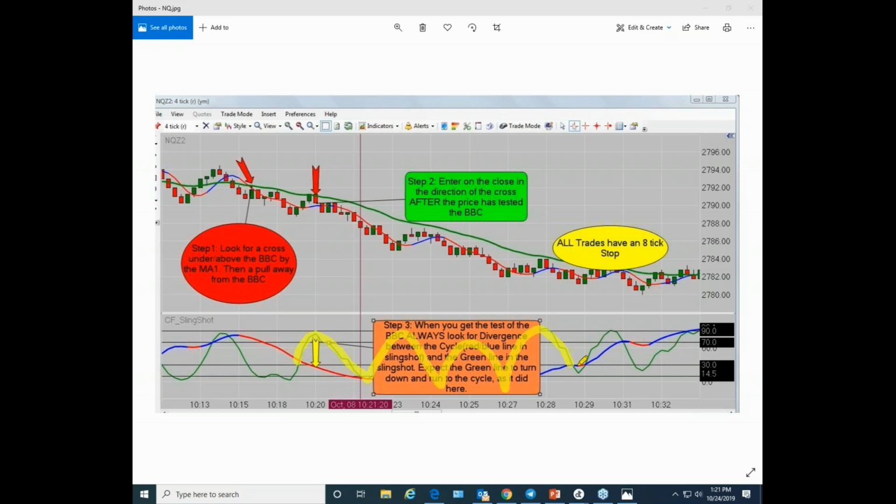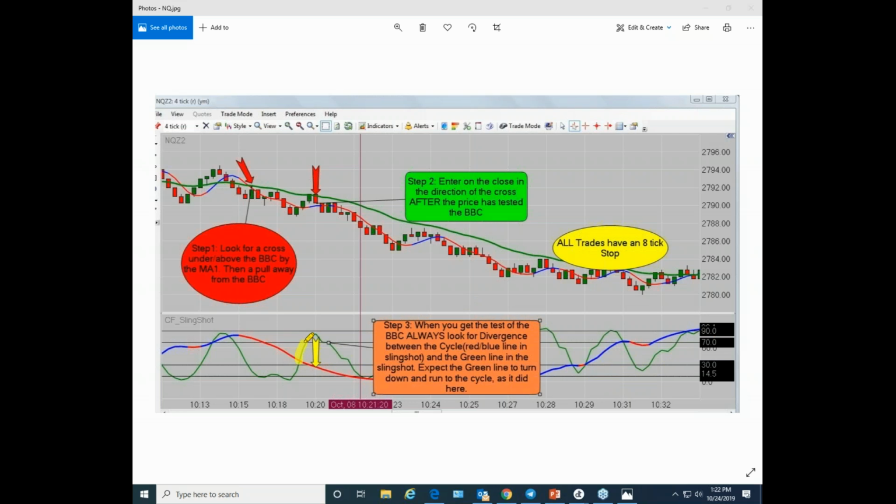The momentum has changed. It's bullish now. So now we want the green line to pull underneath, create that separation or the divergence underneath. These air pockets are the divergence or step number 3 that Michael is talking about, okay?